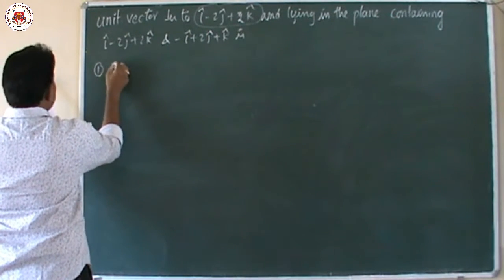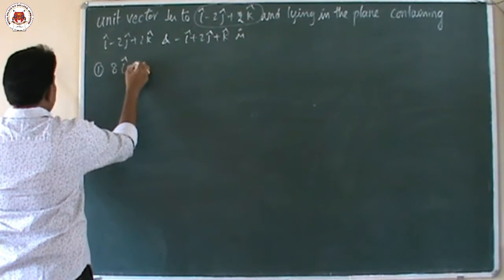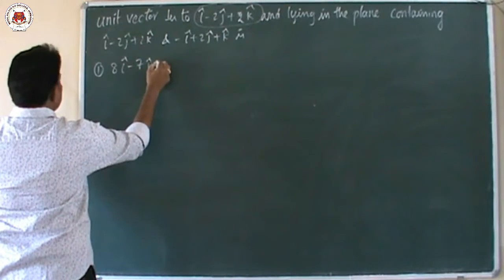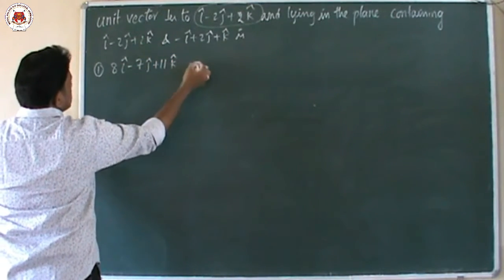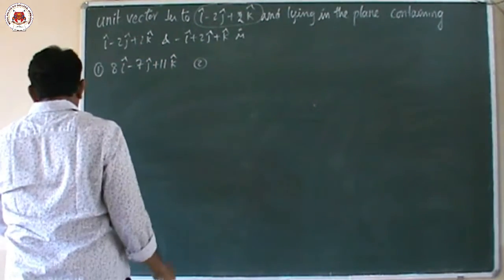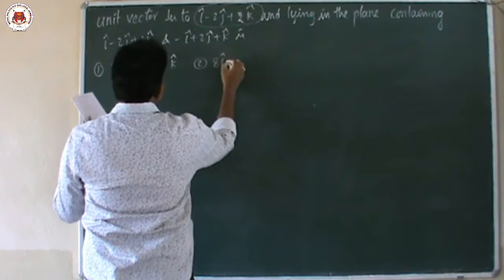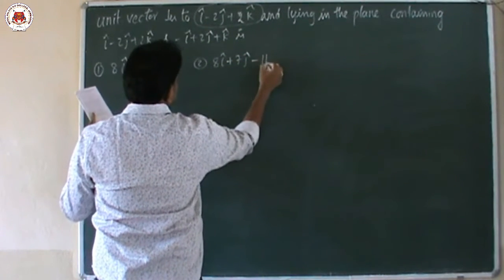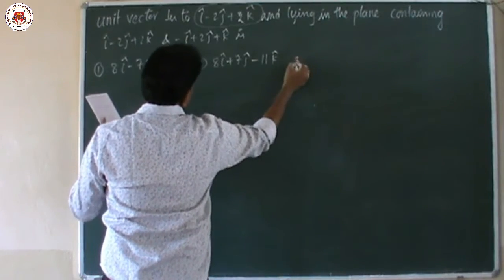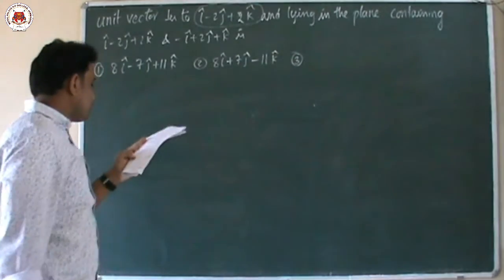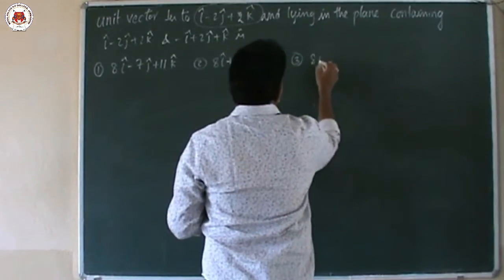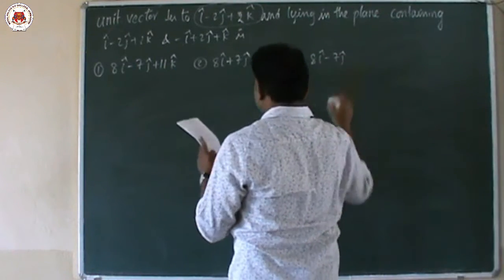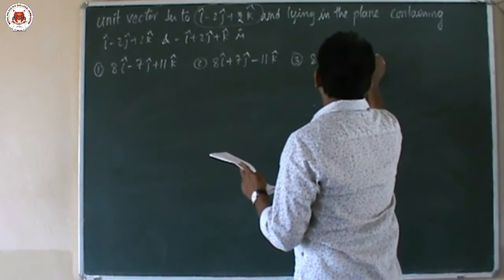First option given is 8 i cap minus 7 j cap plus 11 k cap. Second option is 8 i cap plus 7 j cap minus 11 k cap. We'll go to the third option, 8 i cap minus 7 j cap minus 11 k cap.